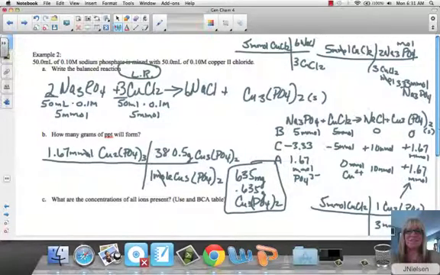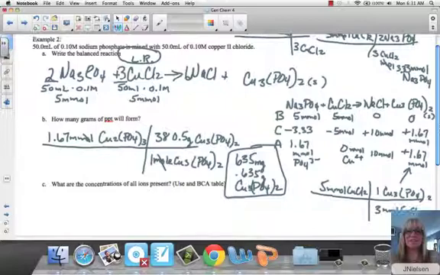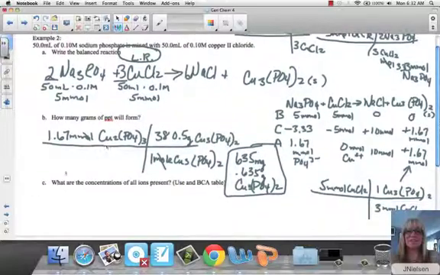Now they want to know what are the concentrations of all the ions present. So remember, molarity equals moles over liters. And let's start with stuff that we know.